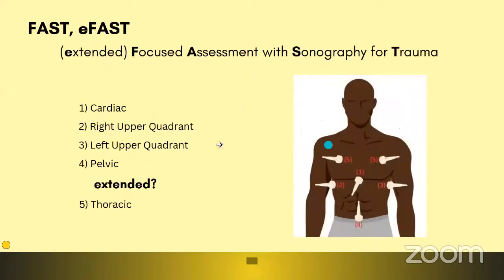In all four areas, we have spaces where we can accumulate free fluids. In case of cardiac, we have the pericardial space. In the right upper quadrant, we have our own peritoneal spaces, and so on for the left upper quadrant. In the pelvic region, we have something called the pouch of Douglas, which is also part of the peritoneal recesses.